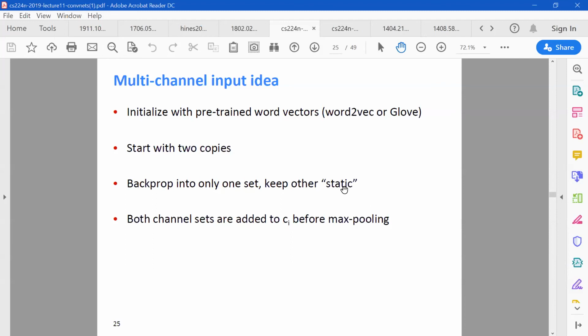It kind of makes sense, right? You're trying to create better embedding vectors for this problem, but the original ones also give you a lot of information, so you're hoping that the combination will be even better. Okay, so how are they actually combining? He says both channel sets are added to C before max pooling. Does that mean he averages them?